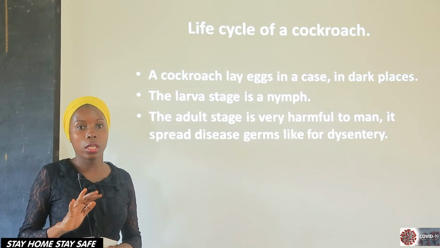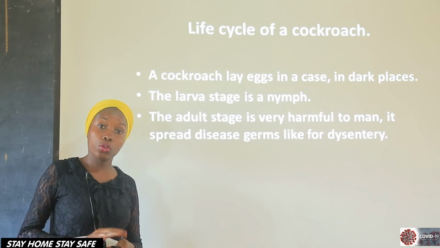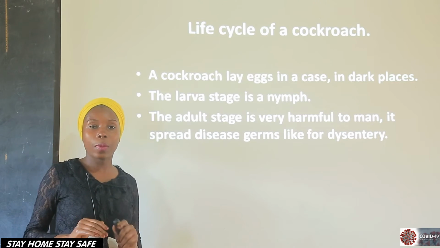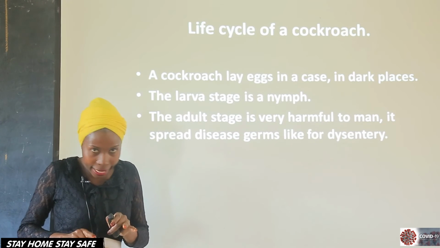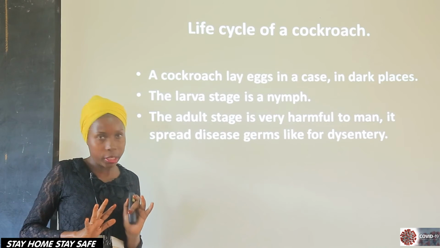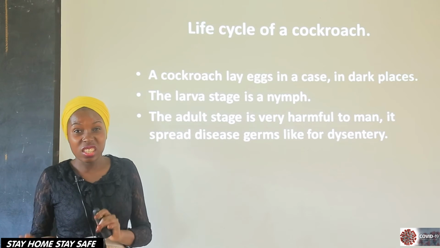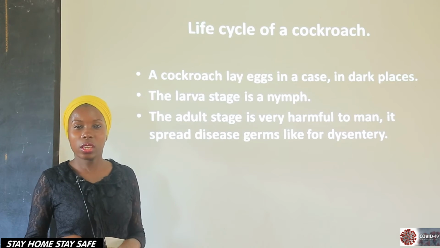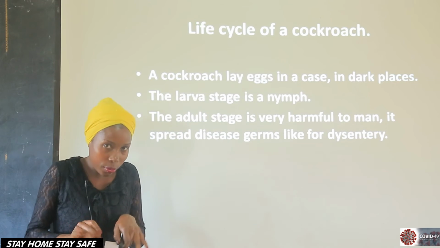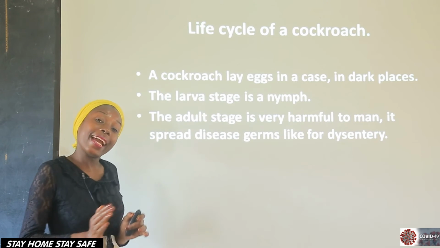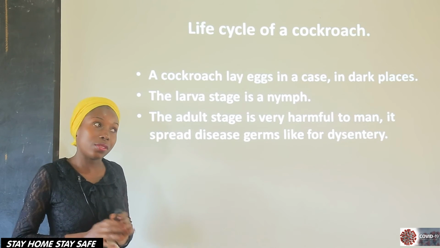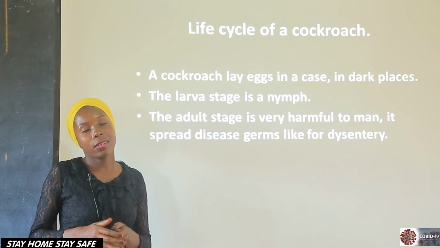Actually, that's why if you have them at home, most of the time you'll see them crawling out at night. They do not crawl out during the day. But during the night, because the light is a bit dimmed, they will crawl out. So they like hiding their egg case in dark places.